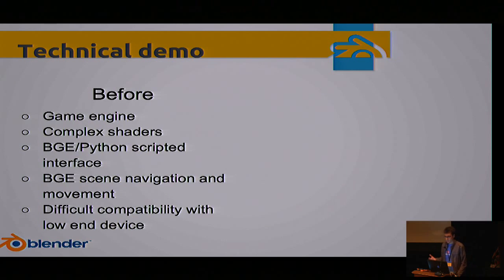At first we thought that we had to use the game engine because it has complex shaders, and you can program shiny glares and specular things. We even thought about smoke simulation for the baked ingredients, and we thought about BGUI and a Python scripted interface, all new, because there are other interfaces, but you have to script this.